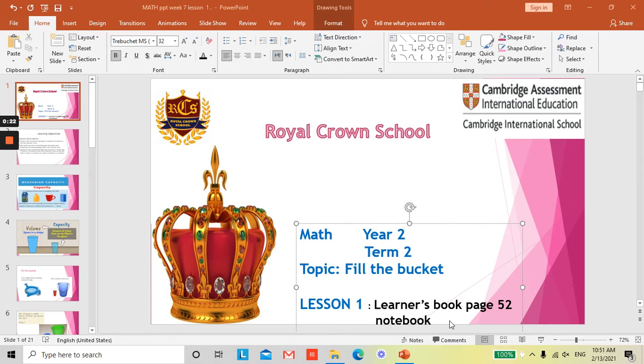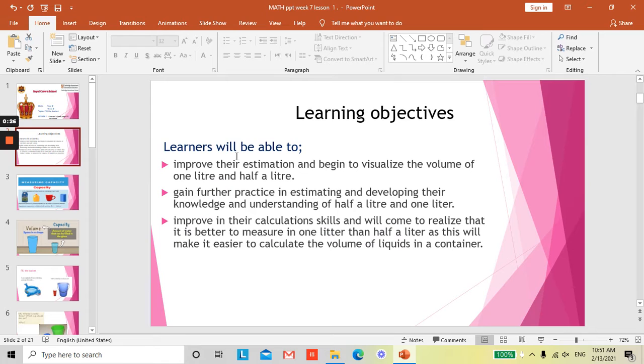Let's look at our learning objective. Our learning objectives say, learners will be able to improve their estimation and begin to visualize the volume of 1 liter and half a liter. We have again gain further practice in estimating and developing their knowledge and understanding of half a liter and 1 liter.